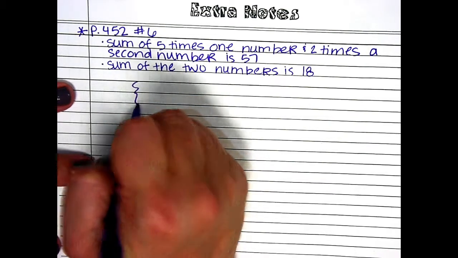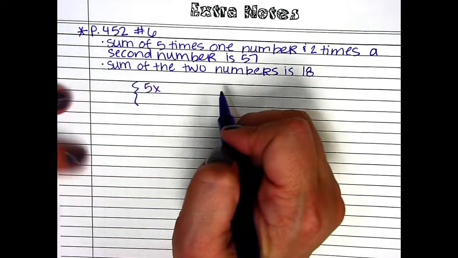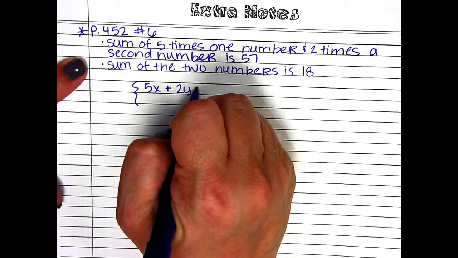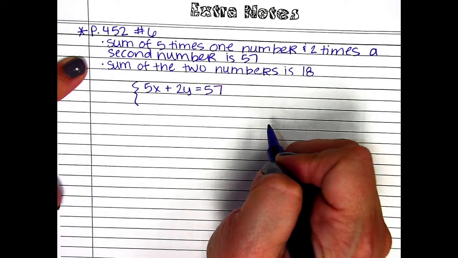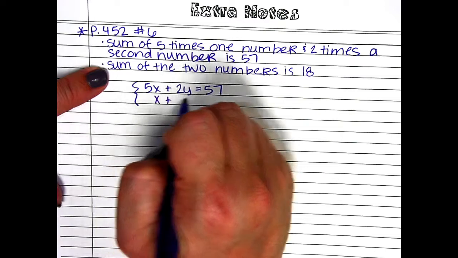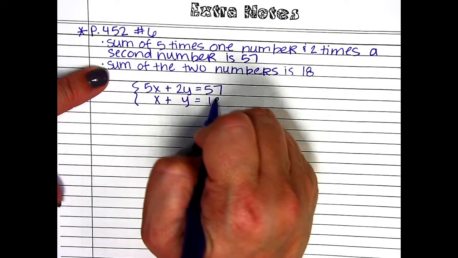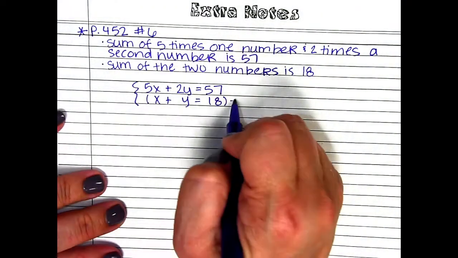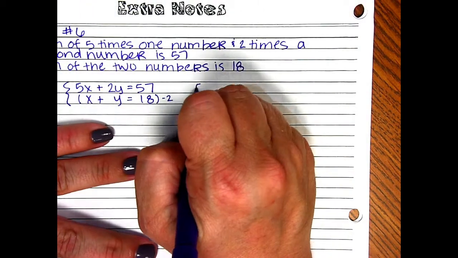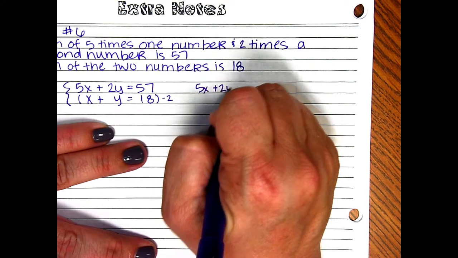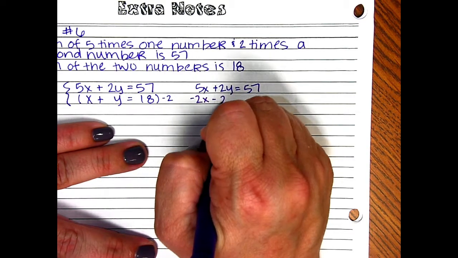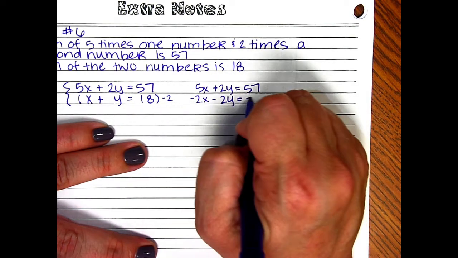So the first one says 5 times one number, so 5x, and it said the sum, so I'm going to add, plus 2 times another number, so 2y, is 57, and the sum of the two numbers, so x plus y, equals 18. Okay, I'm going to multiply this second one by -2. So I have 5x plus 2y equals 57, and -2x minus 2y equals -36.